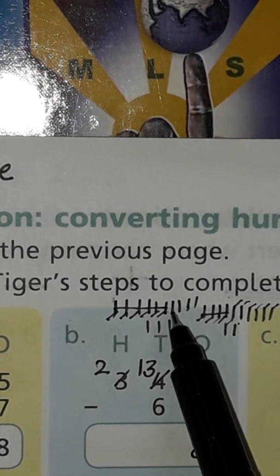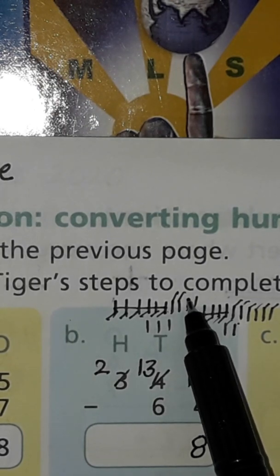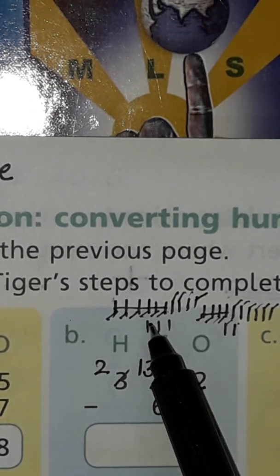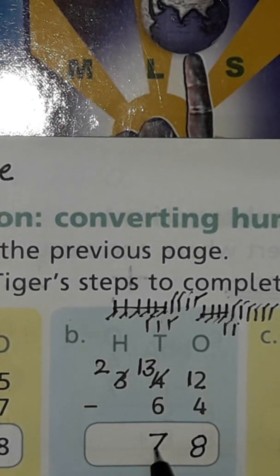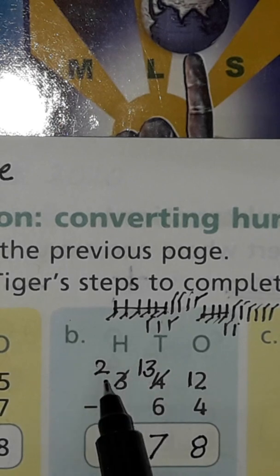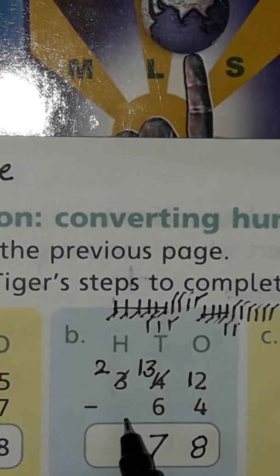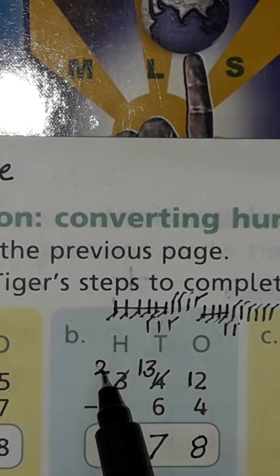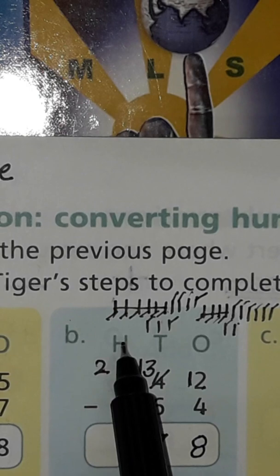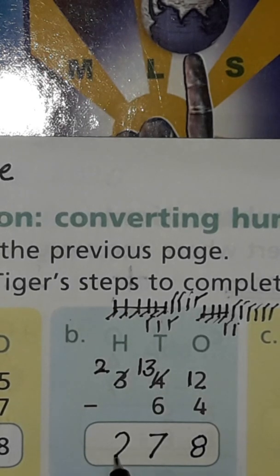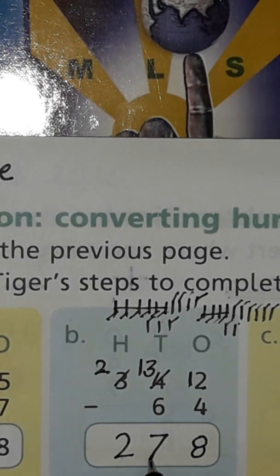Count these lines now. 1, 2, 3, 4, 5, 6, 7. 7 lines are left. Here is 2. No number is written here. It means 0. So we will write the same number in answer under the 100. The answer is 278.